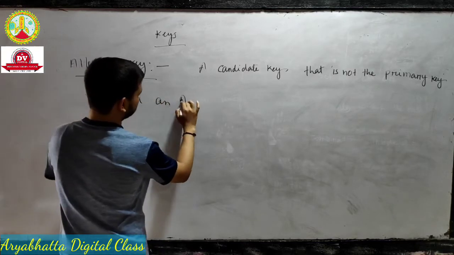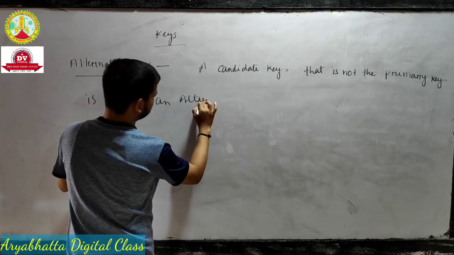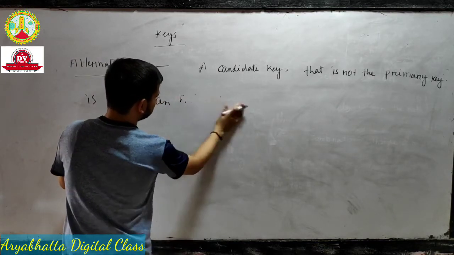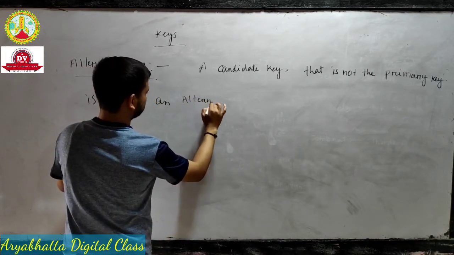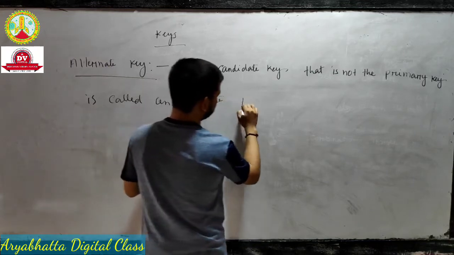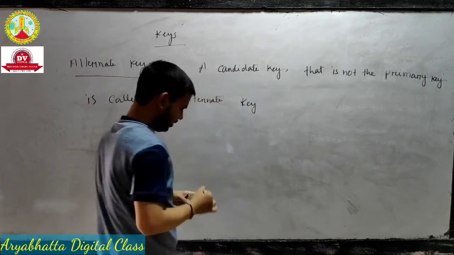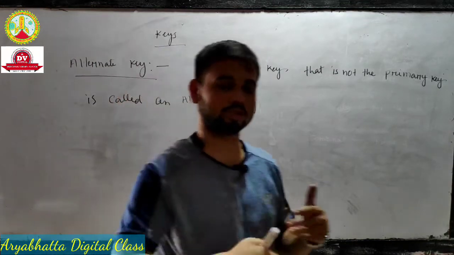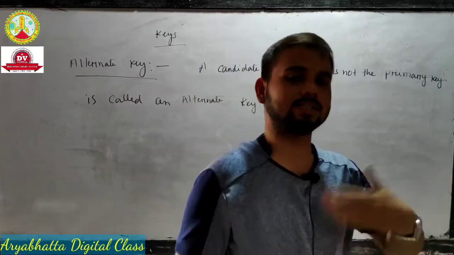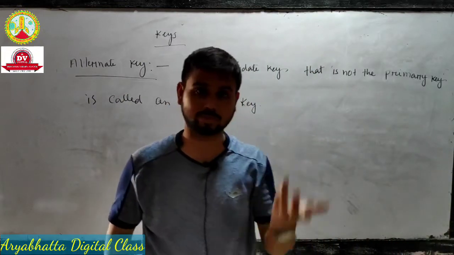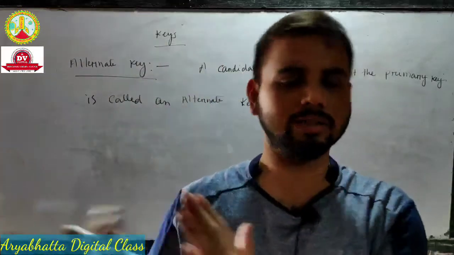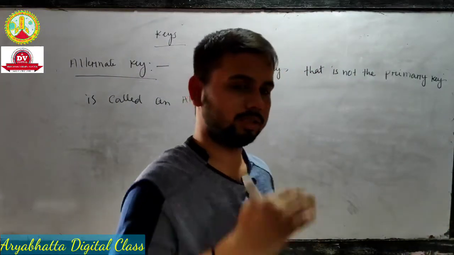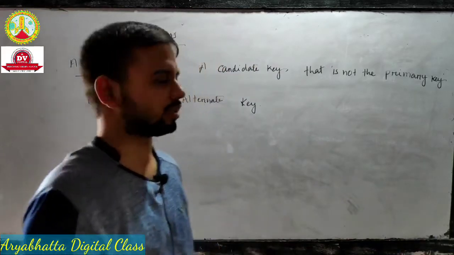I will show you. That is called an alternate key. Means the key which is not the primary key, that is the alternate key. This is the basic simple definition. The key which is not the primary key, that is the alternate key. Okay, means the alternation of the primary key, you can say like that.